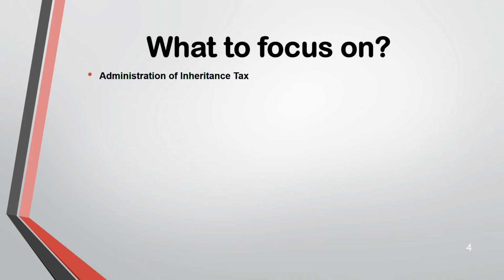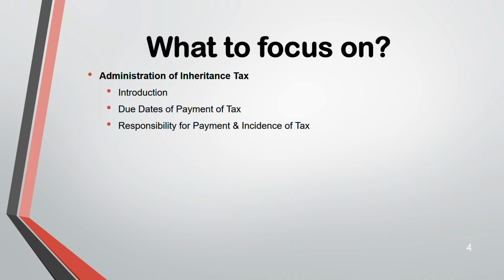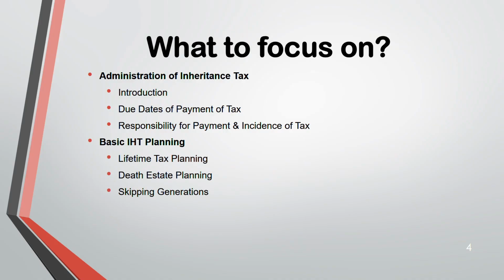Now, how the administration of inheritance tax works. So what are the due dates of payment of tax? Whose responsibility is it to pay the inheritance tax? Then, how do you do the IHT planning for lifetime and for death estate? And skipping generations, why it is beneficial to skip a generation. And then finally we are going to conclude with the syllabus summary and technical articles.